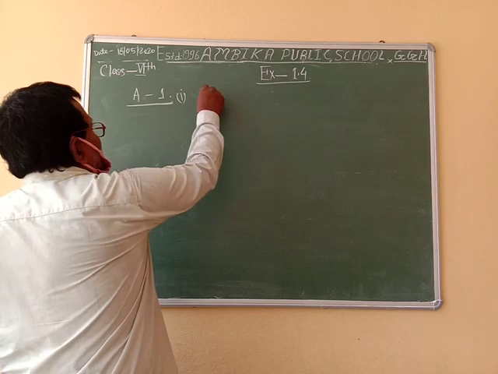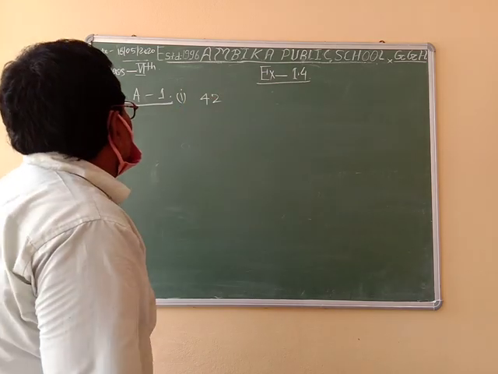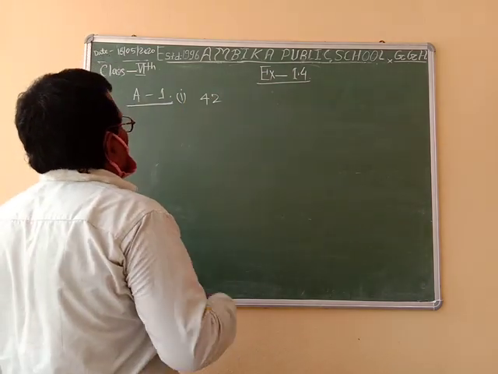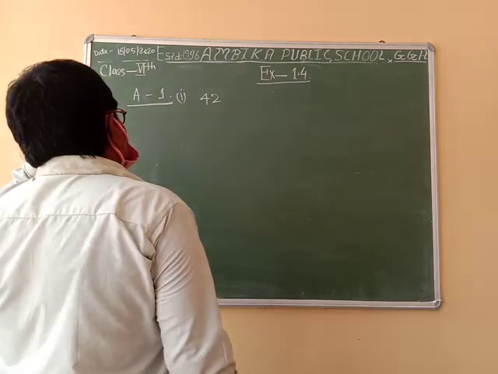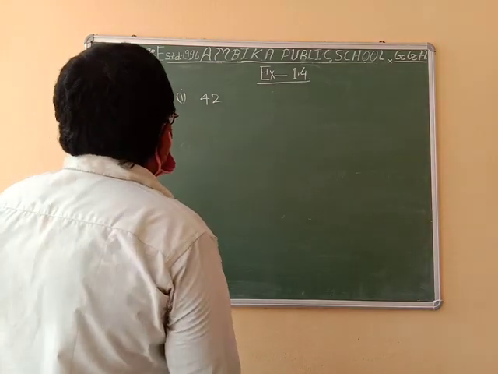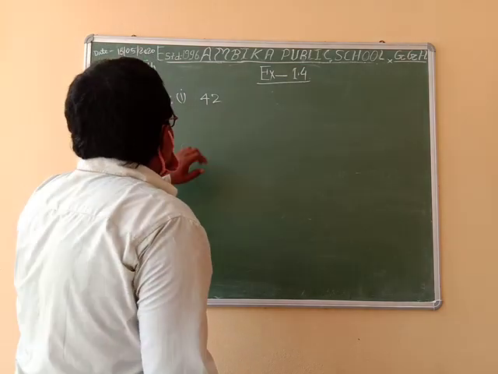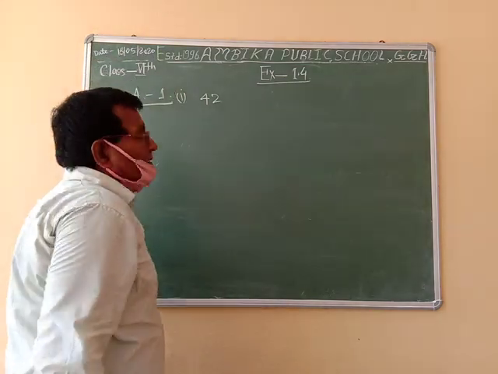You have studied that to round off to the nearest 10, we first see the ones digit.